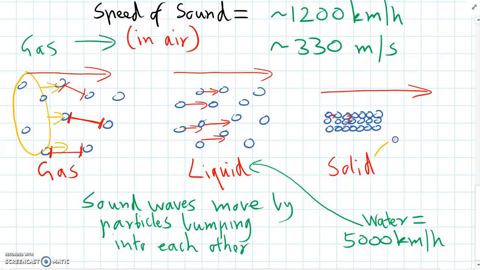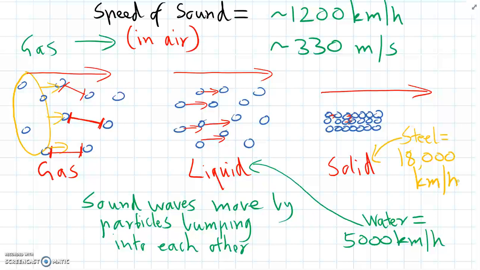And in steel, which is a solid, sound moves at about 18,000 kilometers per hour. Because the particles are much closer together and they bump into each other more easily, so the sound wave passes through more quickly.